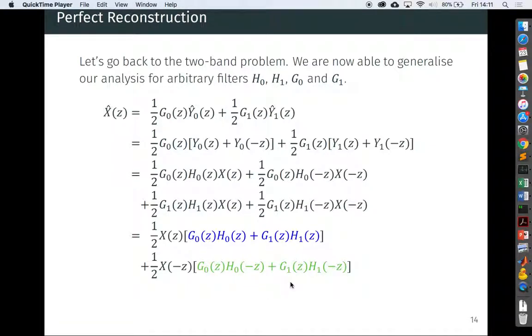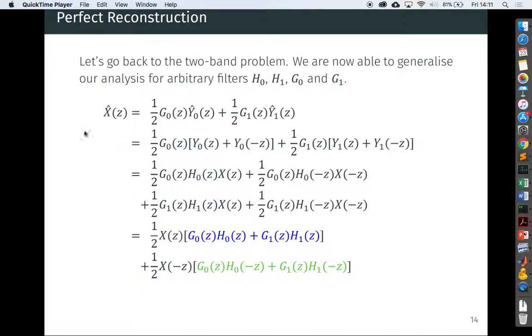All right, so we want to cancel that, to kill that off. We don't want any aliasing in the resulting signal, which means that this part here must be 0. And similarly, we have a term here, a filter in front of x, and we want that part to create no distortion, so we want that part to be equal to 2. Okay? Does it make sense?